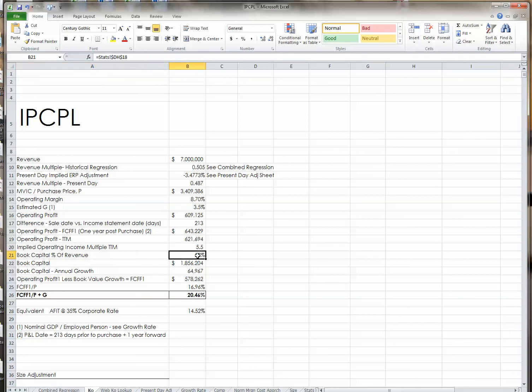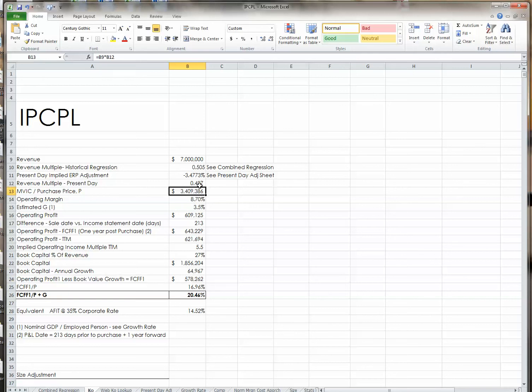We determined from the sample that book capital was 27% of revenue, and therefore if revenue is growing at 3.5%, the annual growth of book capital is roughly 65,000. So 65,000 from the 643,000 yields your true free cash flow to the firm of 578,000.